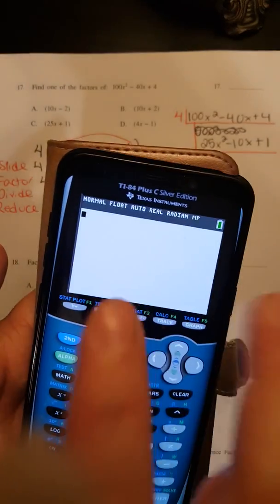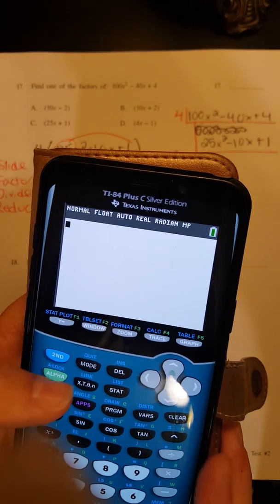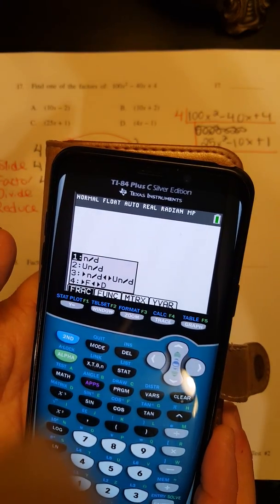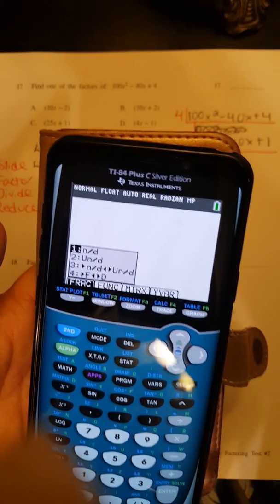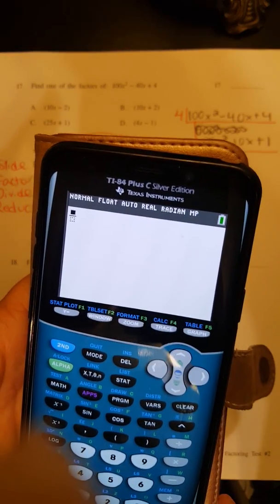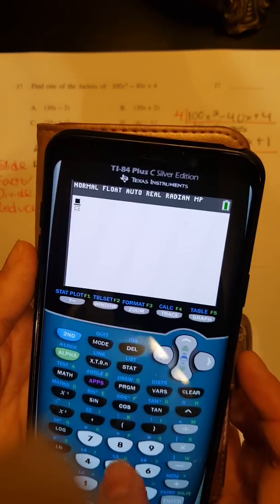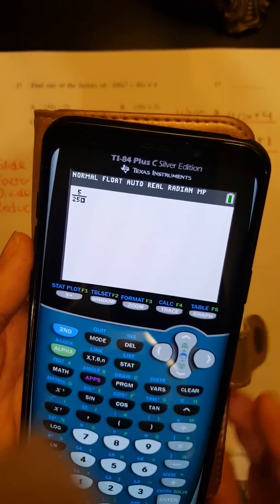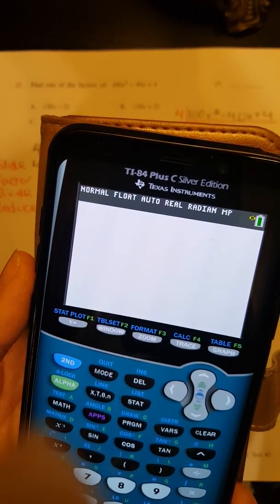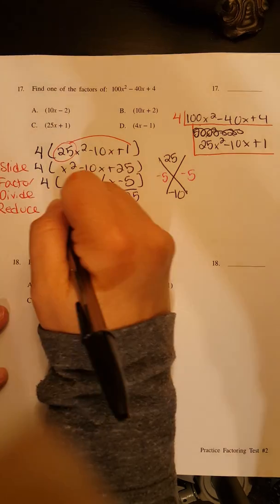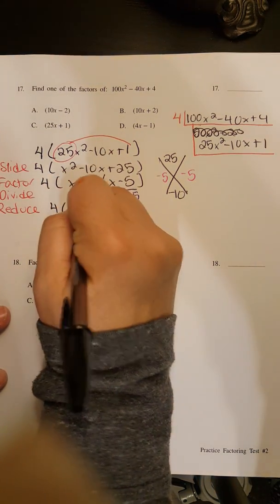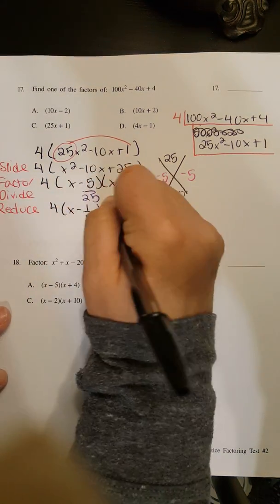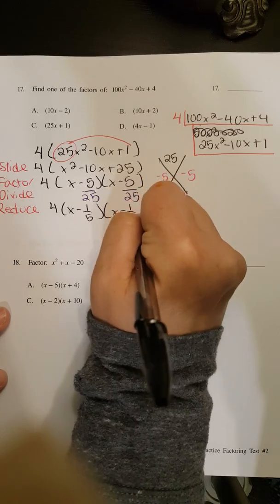To type in a fraction, you're going to do alpha y equals. That top one, n over d, is numerator over denominator, so we're going to press enter. My fraction there is 5 over 25. If I just press enter, it simplifies for me to 1 over 5. So that 4 is still outside. I have x minus 1 over 5 and x minus 1 over 5.